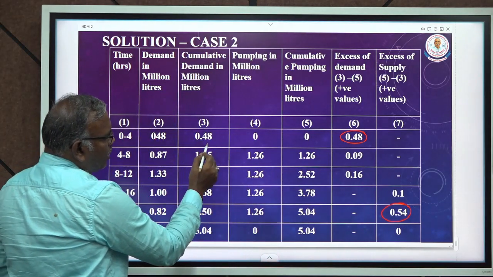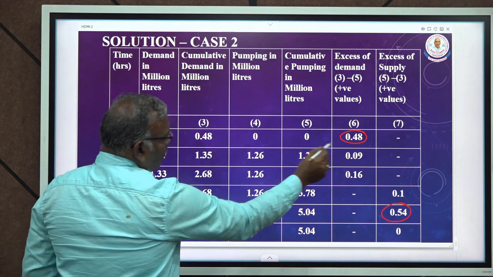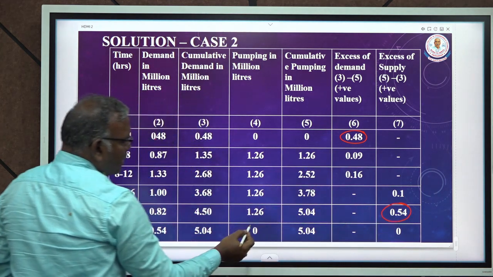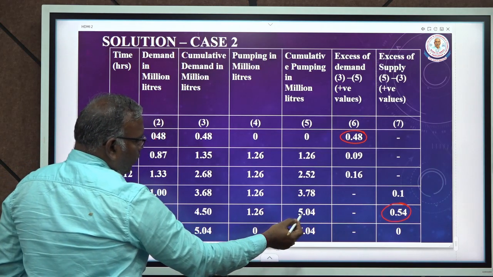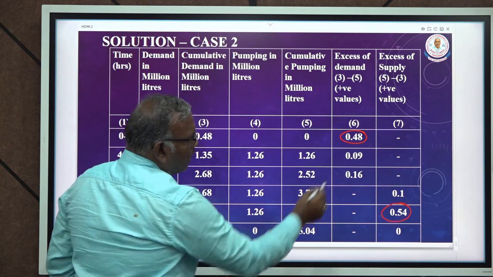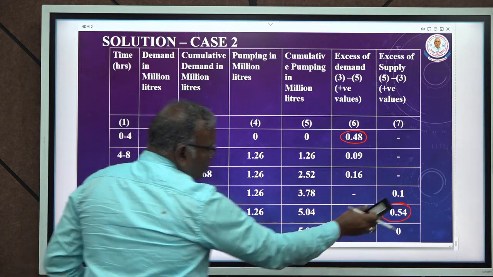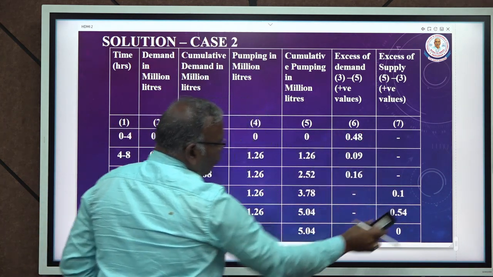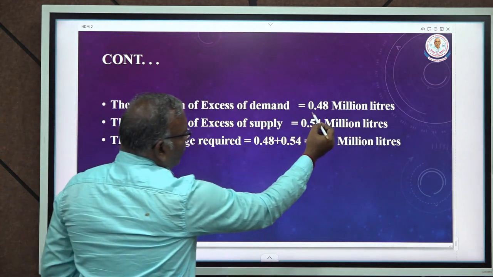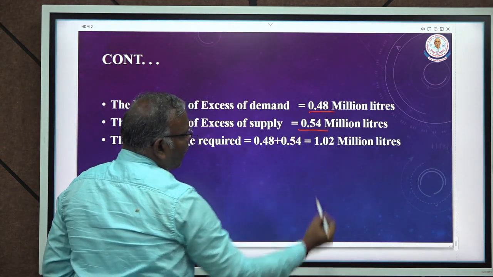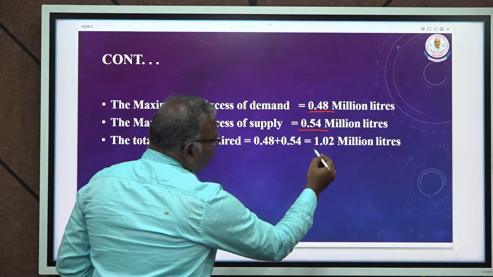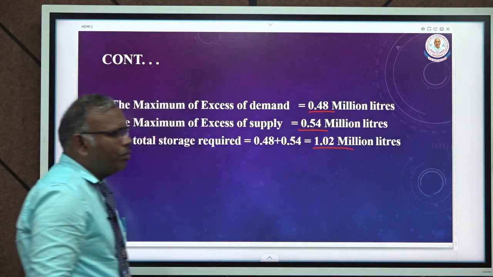The maximum difference between demand and supply is 0.48, and the maximum of the excess supply is 5.04 minus 4.5, which is 0.54. The maximum demand is 0.48, the maximum supply is 0.54. So the storage requirement for this case is 1.02.